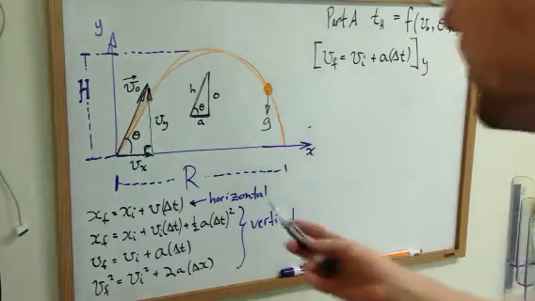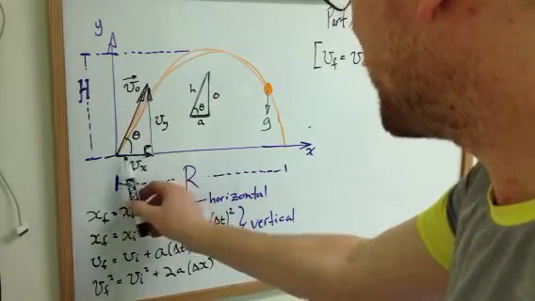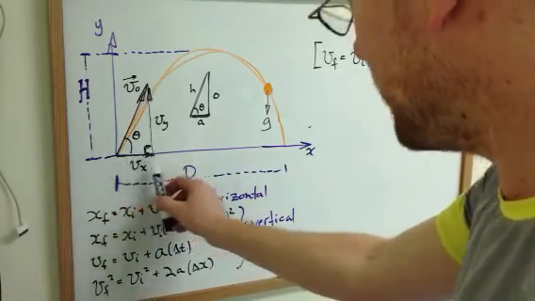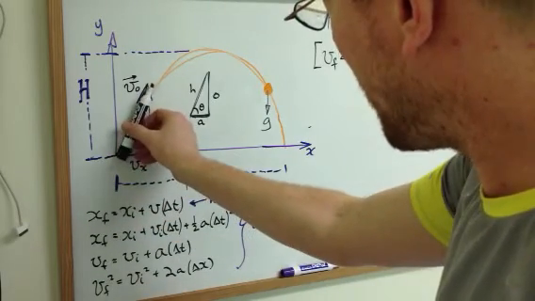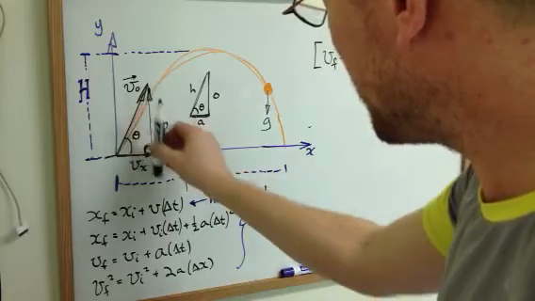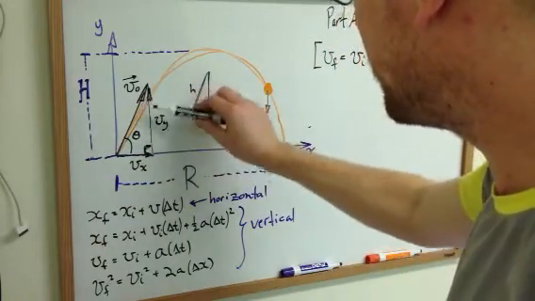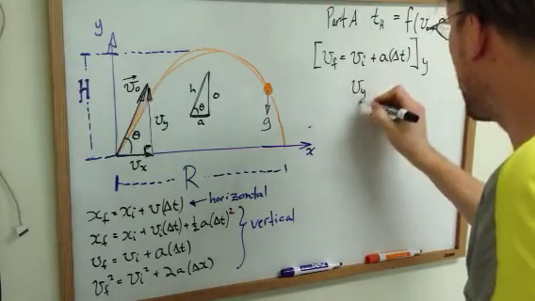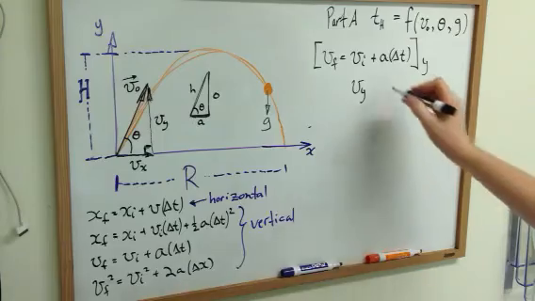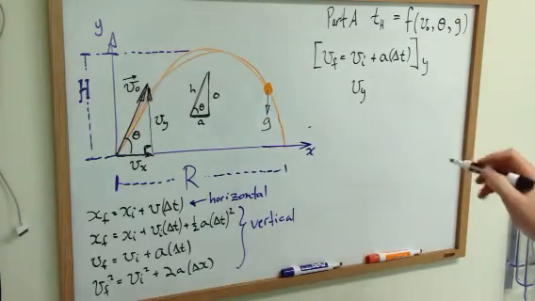The initial velocity in the vertical direction is not going to have anything to do with this horizontal velocity. So the component of the initial velocity that's just in the vertical direction is this Vy. So initial velocity is Vy, and we're going to use geometry to find out what Vy is.